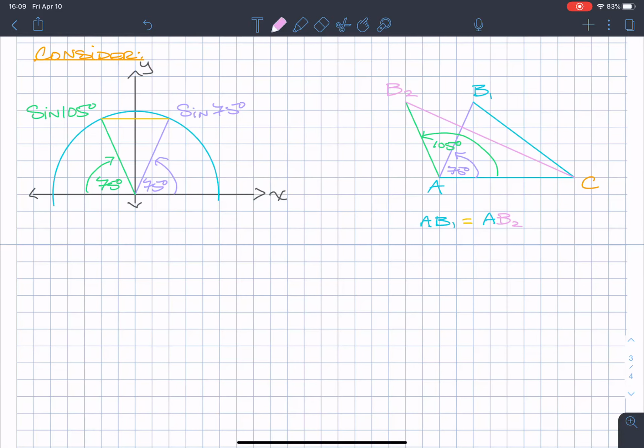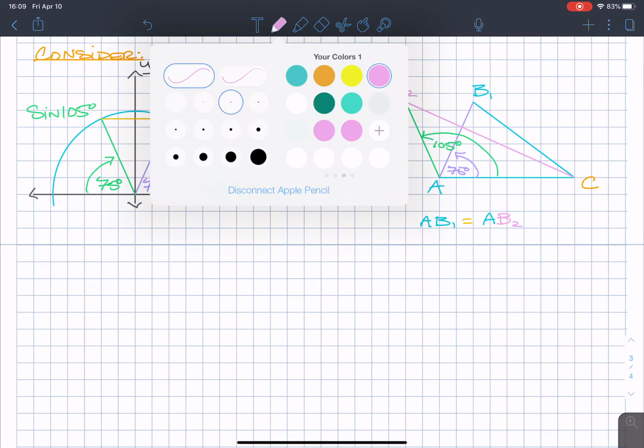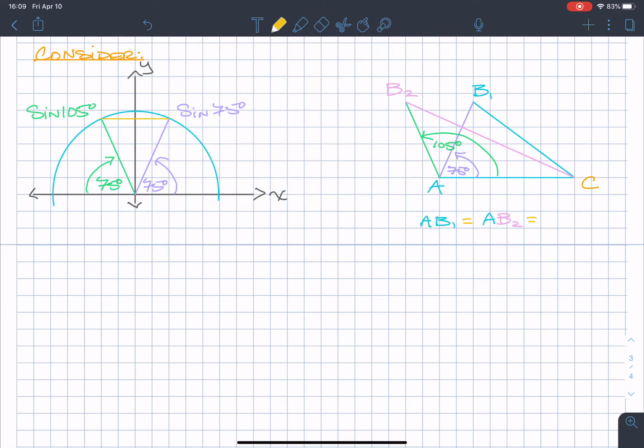Because we know from our unit circle they were both the same length. So that is equal to the radius. So this length here is the same as this length here. It's the radius.